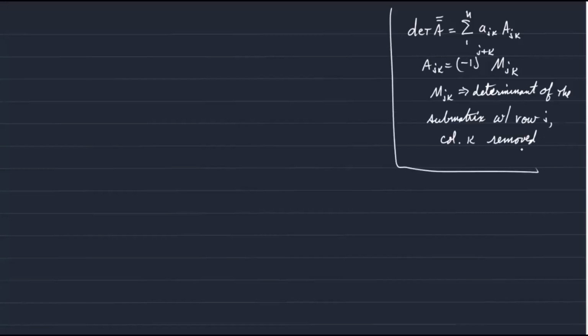All right. So let's consider a 2 by 2 matrix. So the determinant of A, and A is a 2 by 2 matrix. We'll write out the elements as a11, a12, a21, a22. And that is equal to the sum.